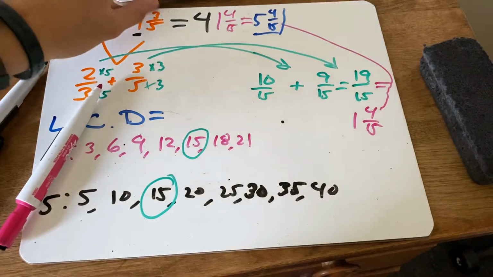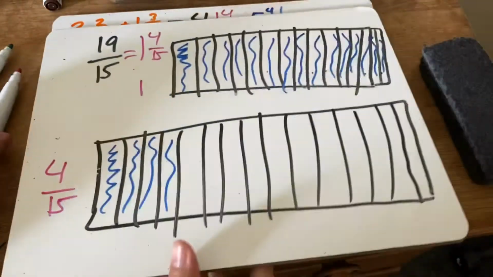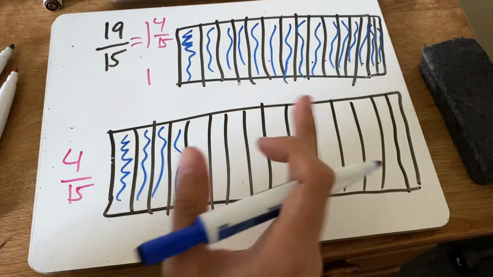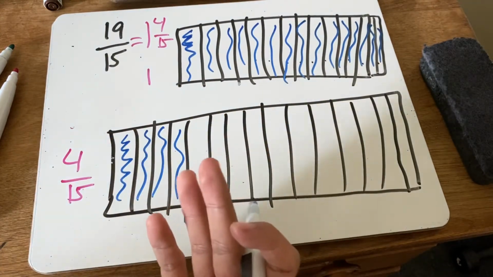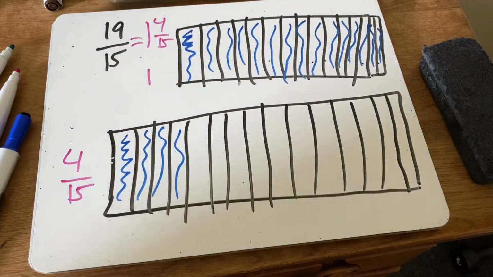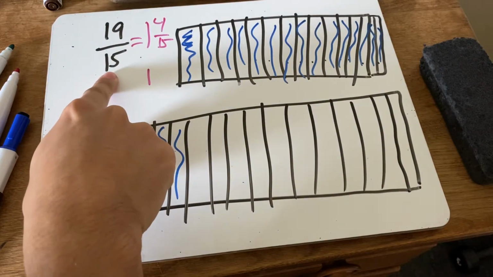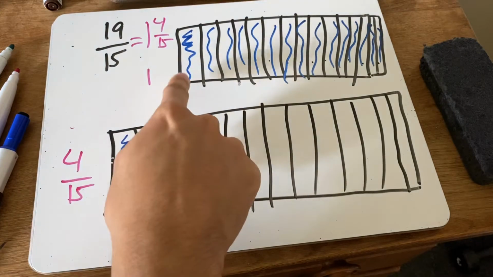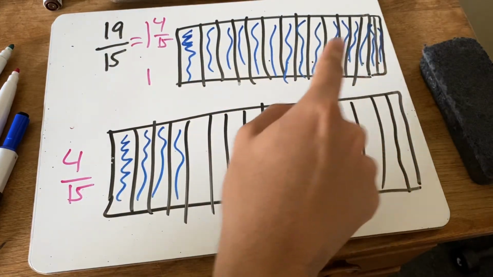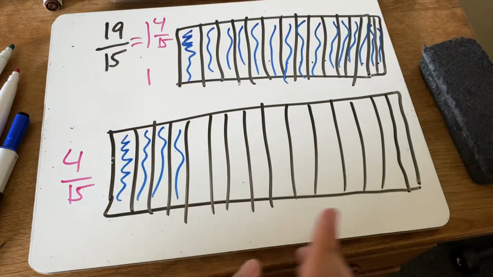Now the reason I was showing you all this is because you might have noticed this just takes a long time, right? And it just gets a lot more annoying when we have big fractions, big denominators like 15 or 20 or 24. I don't really want to draw 24 boxes and shade in 24 boxes.